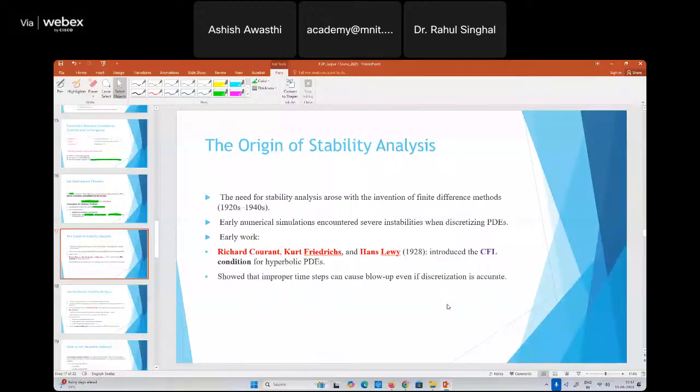Only about 150 years back people started using these numerical methods. The stability theory started, as per history, in the middle of the 1920s to 1940. Actually, von Neumann gave his stability theory in the 1940s.